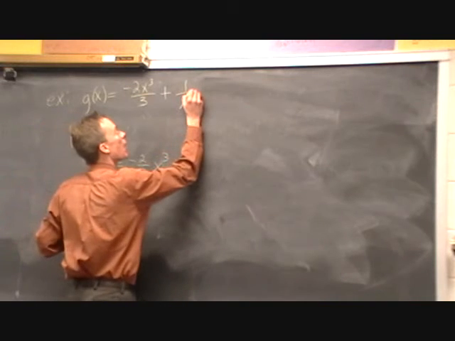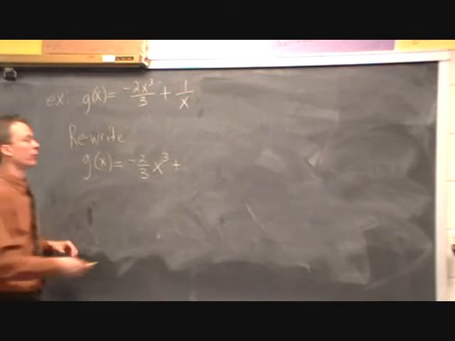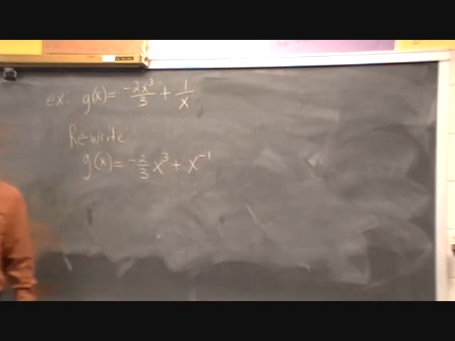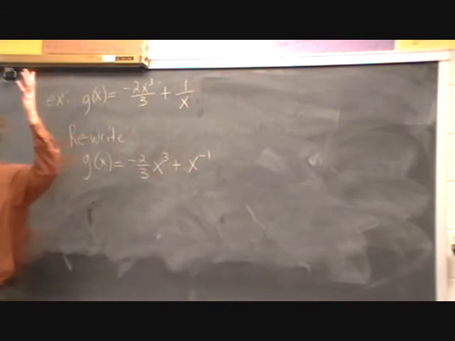Because technically right now, it's a positive one in the denominator. If you want to bring it up to the top, just switch the sign on the exponent. So it's really x to the negative first. Just like over here, we had a negative half power, so we wrote it in the denominator and made it a positive power. Well, it works the other way too. If it's positive in the denominator, write it in the numerator as a negative.